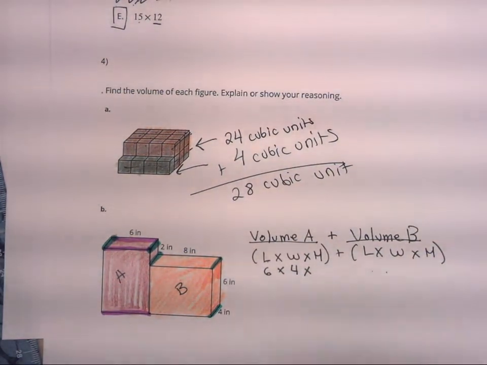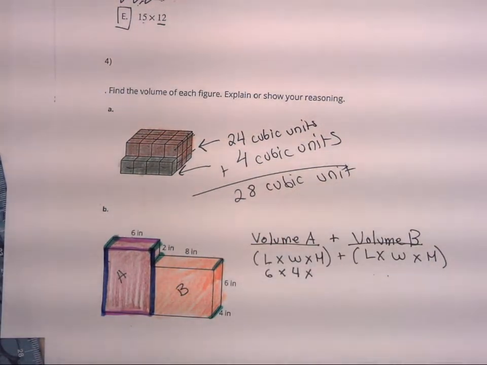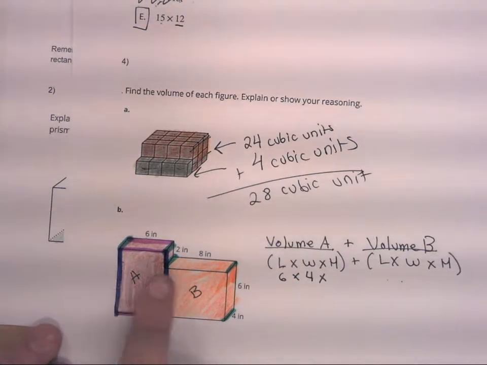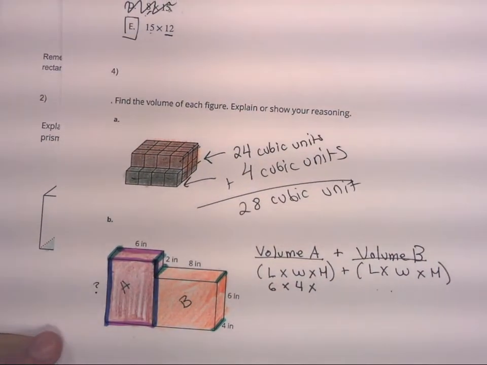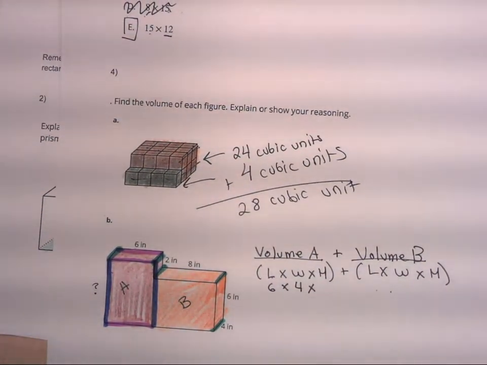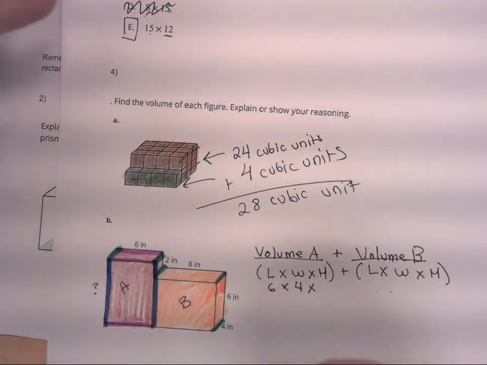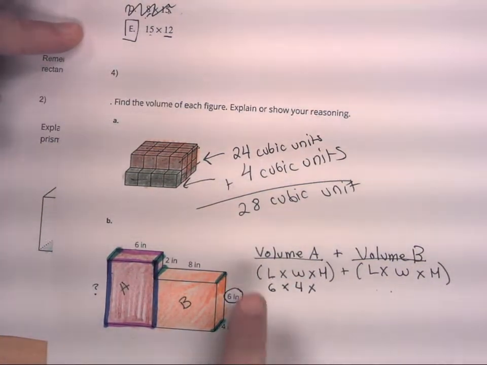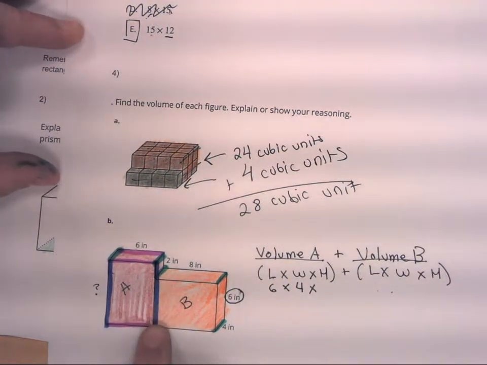Lastly, with prism A, we need to identify its height. And I'm making that dimension a bit more clear by including these blue lines. We don't know what the height is here, do we? It does not tell us. So instead, we need to use what we do know to figure out what we don't. So we know that the height of B is 6, and that means that this distance here is 6.